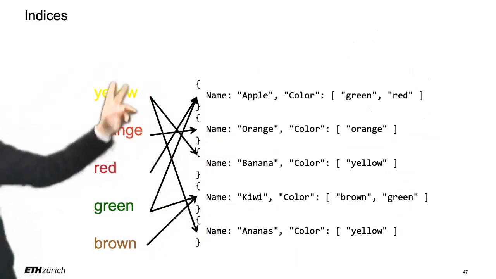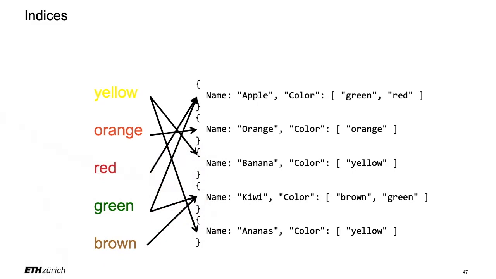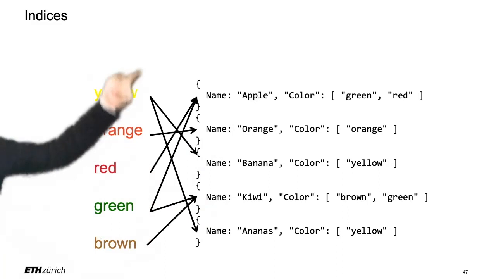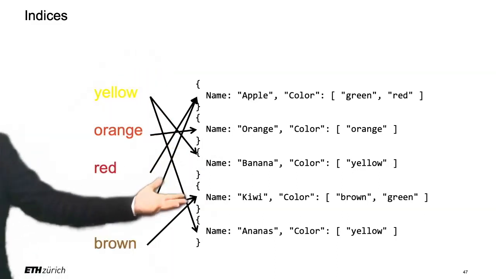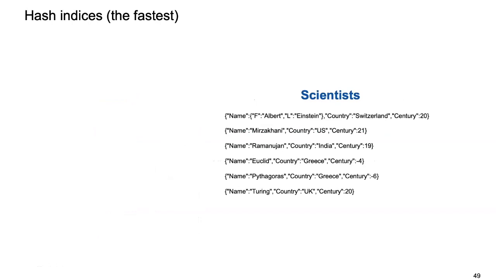For example, yellow points to banana and ananas, right? So this is the idea. Now imagine if you take a color, it's super fast to retrieve the documents that have that color. But there is a price to pay. It's that somebody had to go through the trouble of creating that index. In that case, it was me. In the case of MongoDB, it's going to be the MongoDB engine that will create that structure for you. But I have to show you how these structures actually look like.